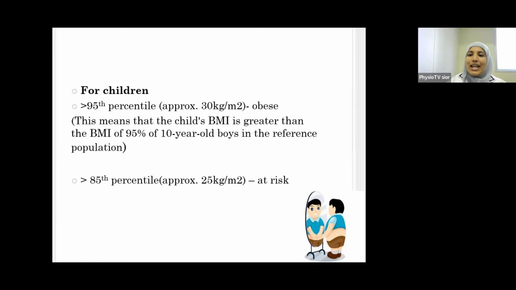This means that the child's BMI is greater than the BMI of 95% of 10-year-old boys or girls in the reference population, which means that if I take 100 boys and girls of the same age, same population, and someone lies out of the 95% weight range, then they will be labeled as obese. And the 85th percentile is that they are at risk or overweight.